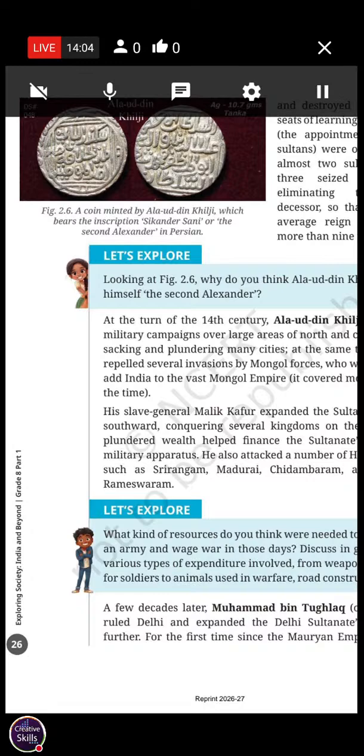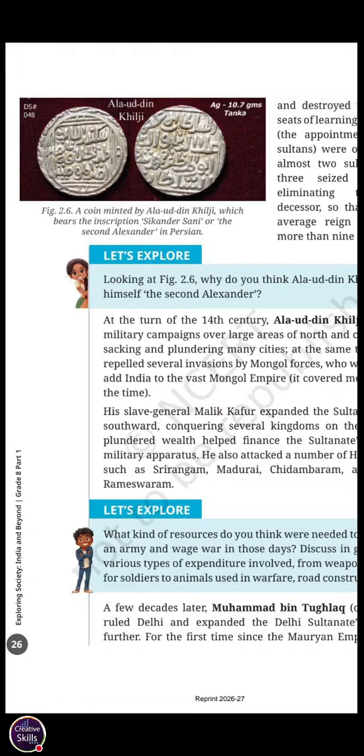He wanted to compare his conquest across North and Central India and his defense against Mongol invasions to Alexander the Great's achievements in building a vast empire.